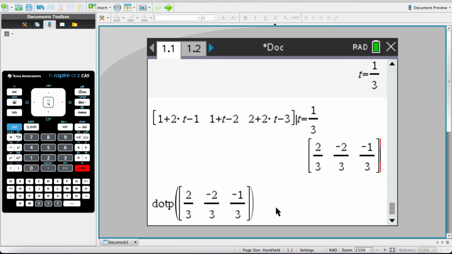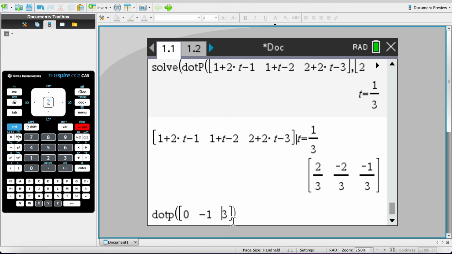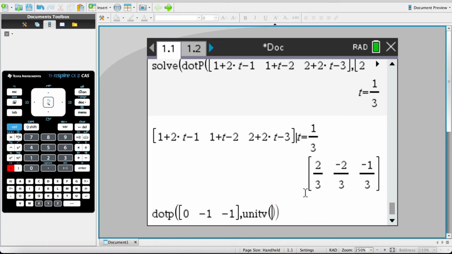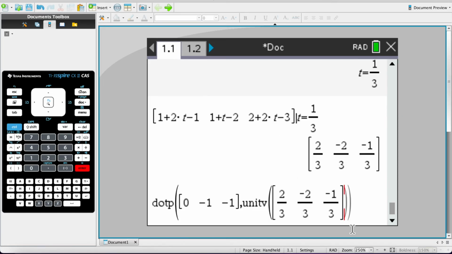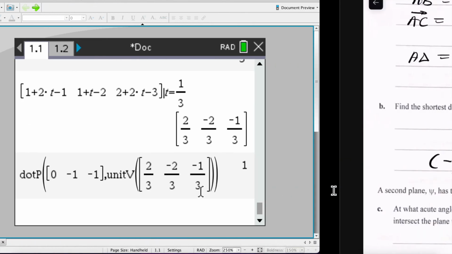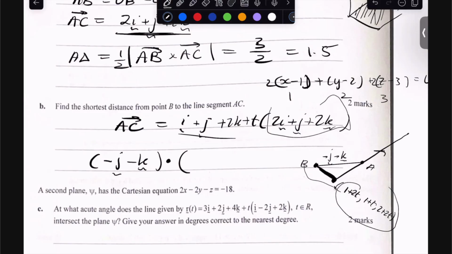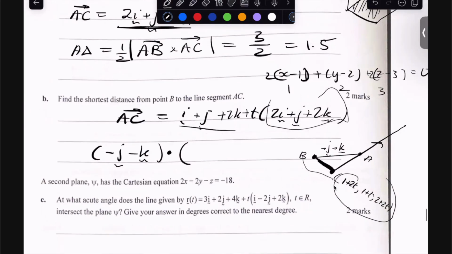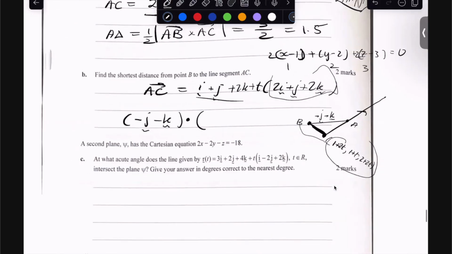I'm going to enter this, and I'm just going to put 0, negative 1, negative 1, so negative j minus k, comma, the unit vector of this. And that gives you 1. That was long. I probably did it a really long way, but this is the new content, so that's alright.